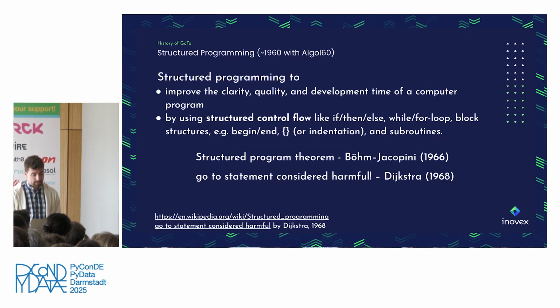And he pointed out that with structured programming, which was the cool thing at that time, so in the 60s, introduced with Algol 60, you should use structured programming to improve the clarity and the quality of your code, and of course to lessen the development time. So what is structured programming?